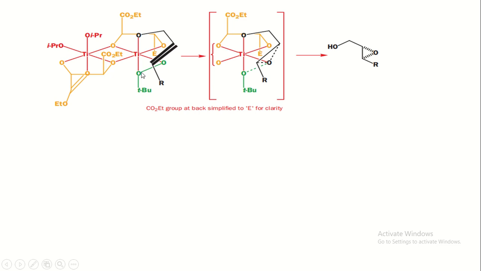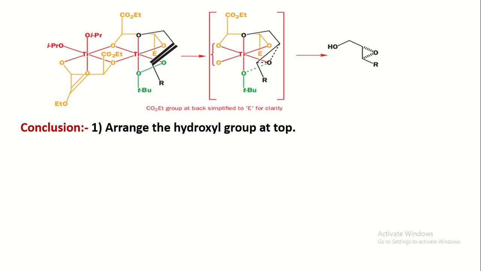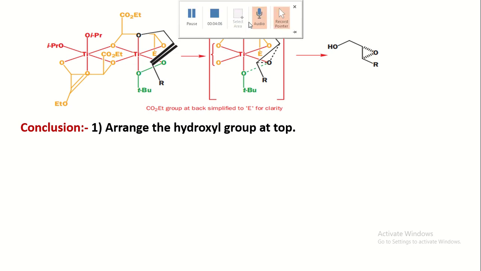Out of these two oxygens, one oxygen approaches the alkene to form the alpha epoxide. Therefore, it is easily clear that if plus diethyl tartrate is used, then epoxidation takes place at the alpha side. If minus diethyl tartrate is used, then epoxidation takes place at the front side.